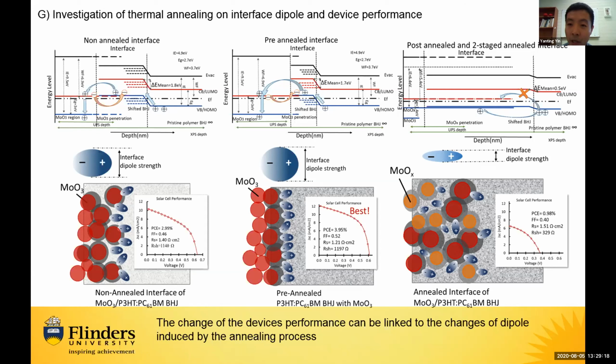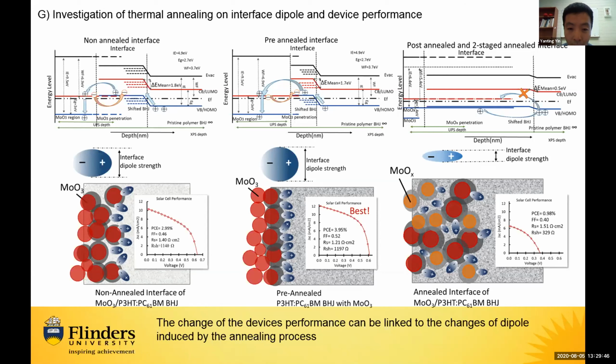So in this case, we make an assumption: with the non-annealed and pre-annealed interface, the dipole is still strong enough to support hole transport from the BHG towards the moly oxide region. However, if we post-anneal the whole structure, the dipole is probably not strong enough anymore to support the charge transport.